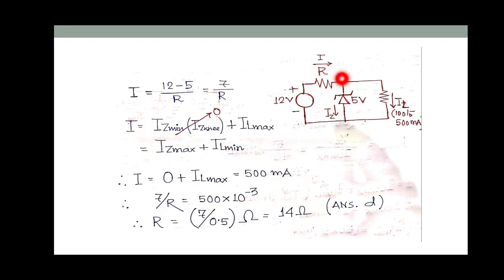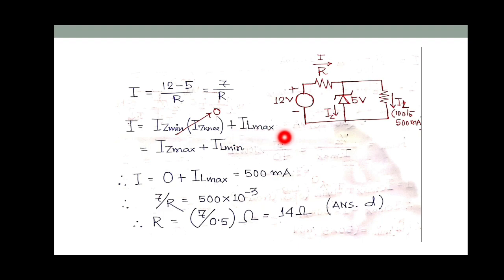Applying KCL here, I equals IZ plus IL. So when the IZ value is minimum, that is the knee current, then IL will be maximum, and when IZ is maximum, IL will be minimum. It is given that IZ minimum, or IZ knee current, equals 0.